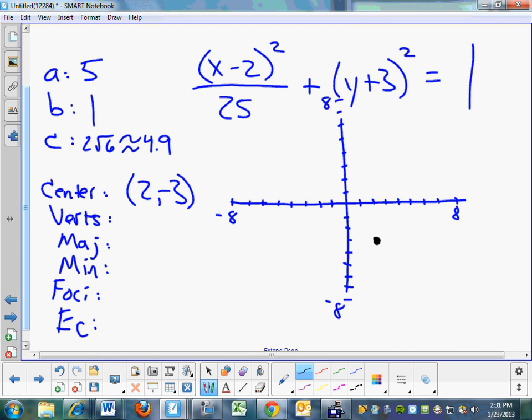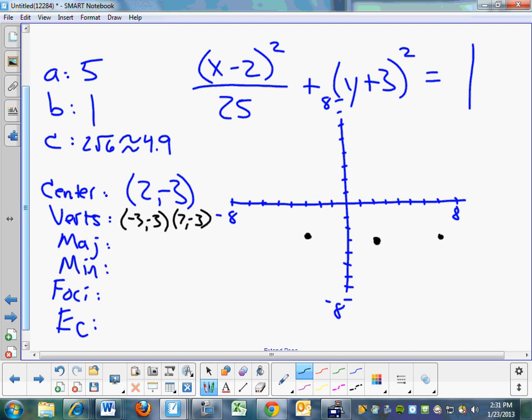Horizontal, both ways. 1, 2, 3, 4, 5. And 1, 2, 3, 4, 5. It looks like those are my vertices then. And that would bring me to a coordinate of -3, -3, and of +7, -3. So after I've actually gone in each direction, I can then list what my vertices are. So I just look at my drawing.